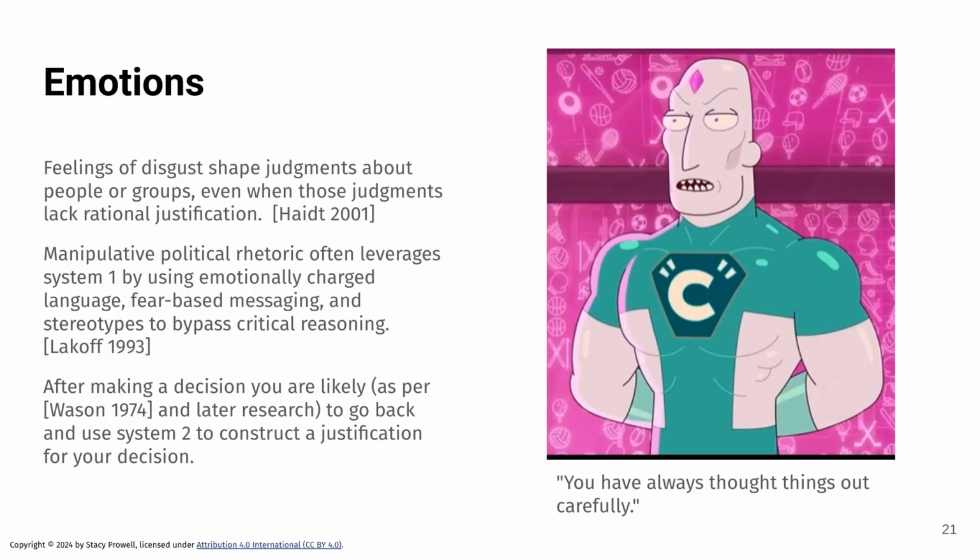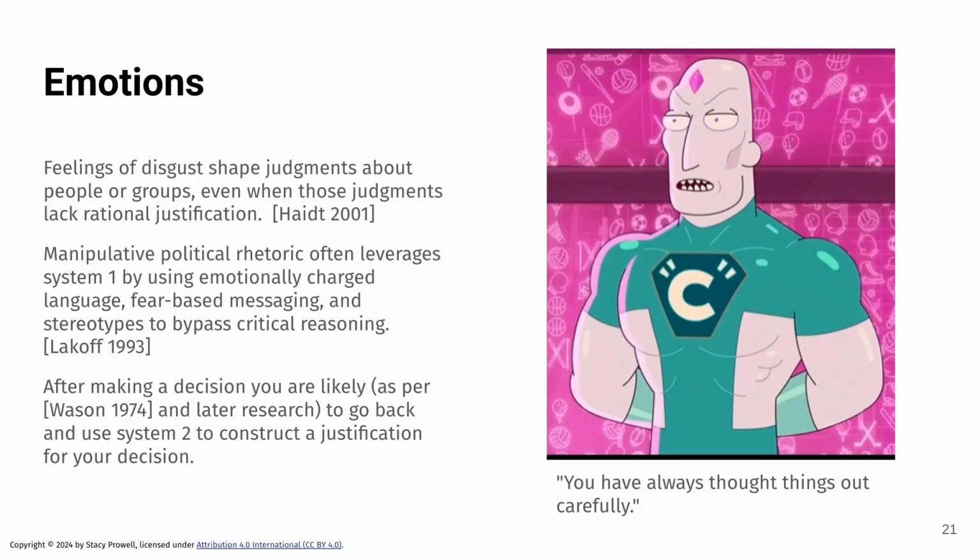And maybe none of those things are true, but you haven't thought it through to realize those things aren't true because they have already short-circuited your thinking by getting you to feel disgust, or to feel anger, or to feel like they're betraying you or something else. Manipulative rhetoric leverages System 1 by using emotionally charged language, fear-based messaging, and stereotypes. Now, no one would do that to you today, I'm sure, but there you go.